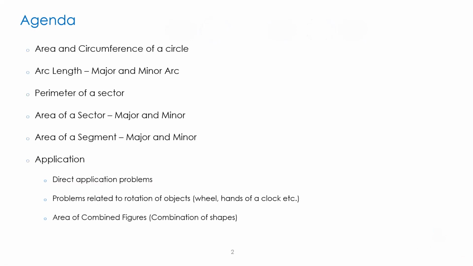Okay, the sums could be direct application problems, or we could apply these on scenarios of a wheel rotating and hence covering a certain distance, or it could be the hands of a clock, so on and so forth. And last but not the least, which gets very interesting, is that of the combined figures, okay, where you could have a shape within a shape, okay, you could have parts of a shape, let's say parts of a circle that is shaded in a rectangle.